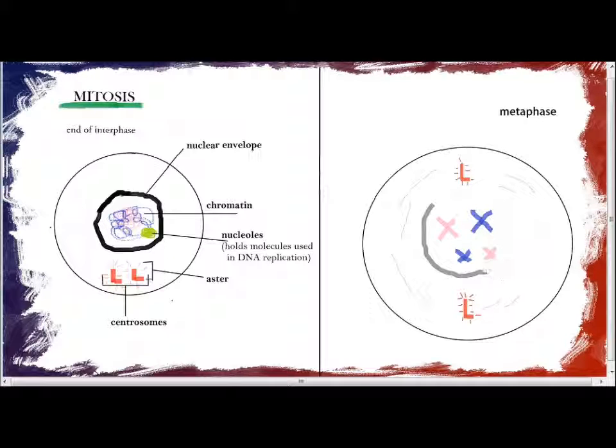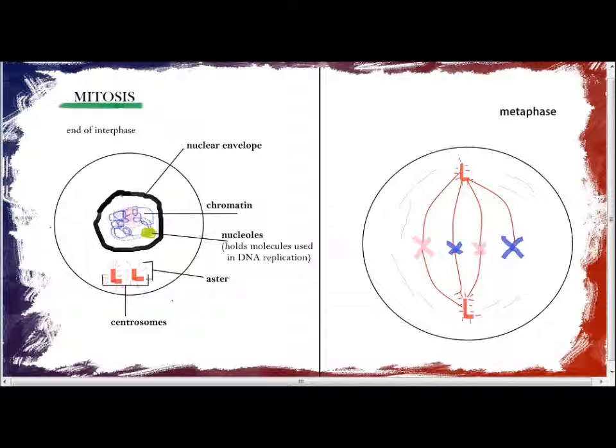In metaphase, the nuclear envelope completely dissolves and is no longer there. The chromosomes line up at the center along an imaginary line called the equatorial plate. As the centrosomes had been moving away to opposite poles, they were also connecting themselves to the chromosomes with these little microtubules, and we call them spindle fibers.